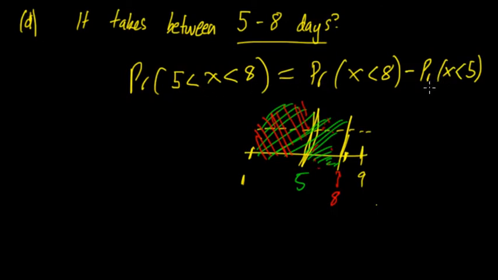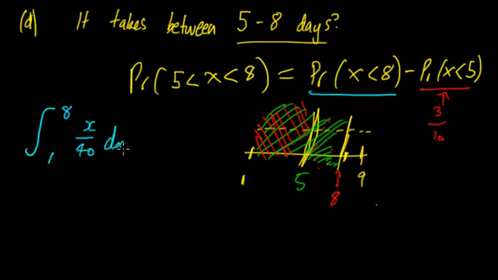Now we already know this from the previous question, the probability of x is less than 5, and that was 3 on 10. So we just need to calculate the probability of x is less than 8. So the probability of x being less than 8 is going to be equal to the integral from 1 to 8, so that's the lowest domain, of x on 40 dx.